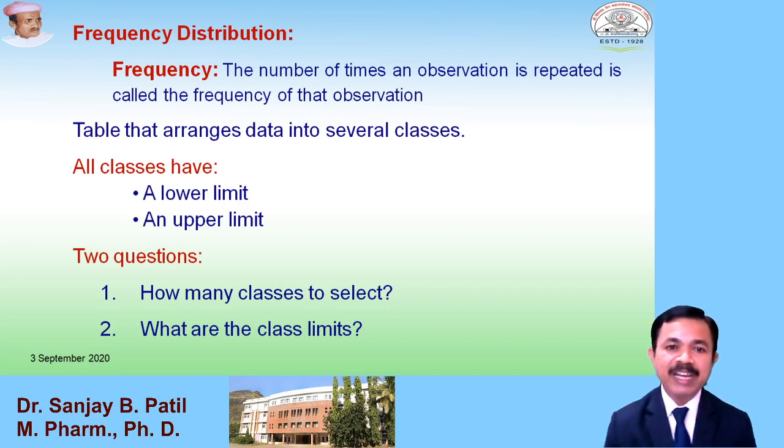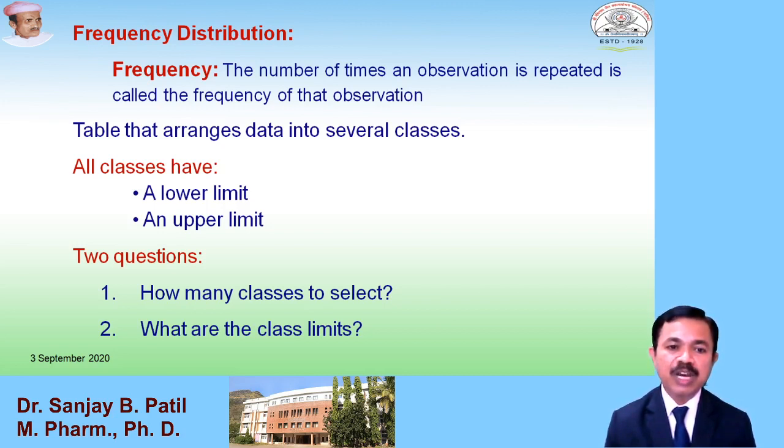And the table that arranges data into several classes by considering particular values as a lower limit and upper limit for the class, we can have class data for frequencies. So all classes must have a lower limit as well as an upper limit, and when we have to consider the frequency distribution for the given data, two questions are very important.